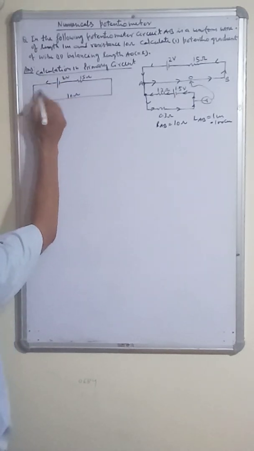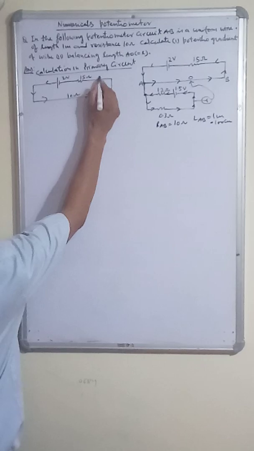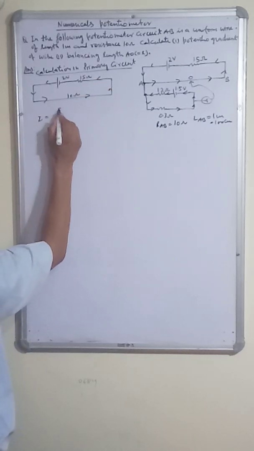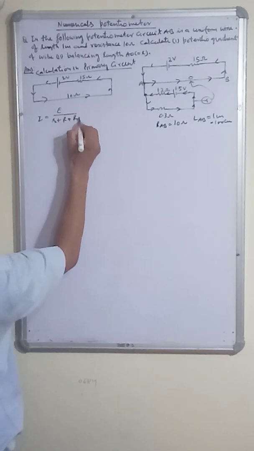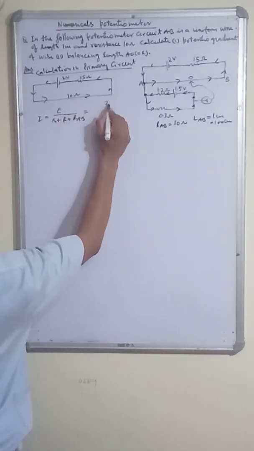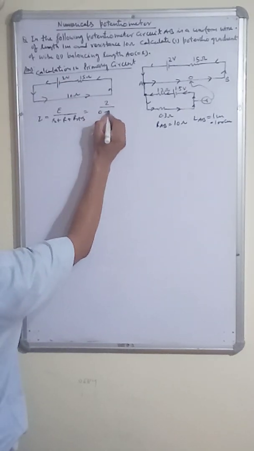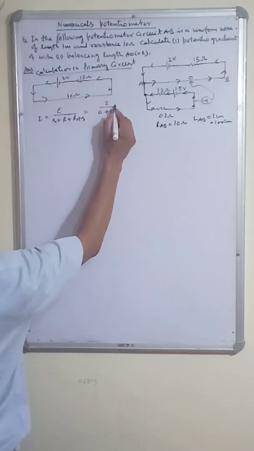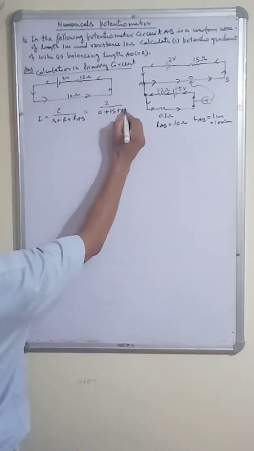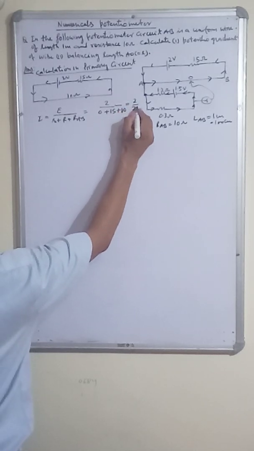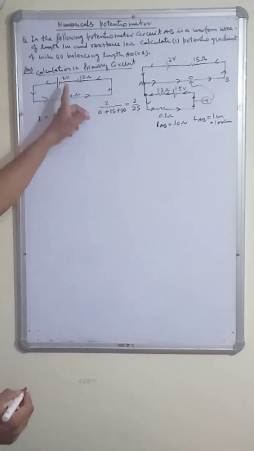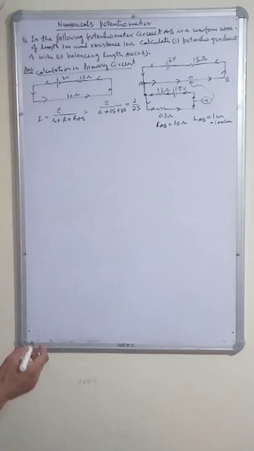So what will be the current? Current will be equal to E upon R plus RAB. E is 2, the internal resistance is 0, this resistance is 15, and the resistance of this wire is 10. So it comes out to be 2 upon 25, right?